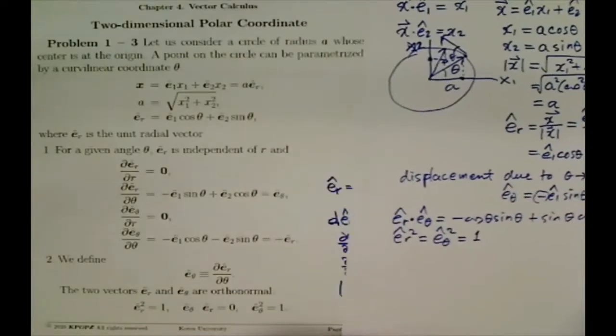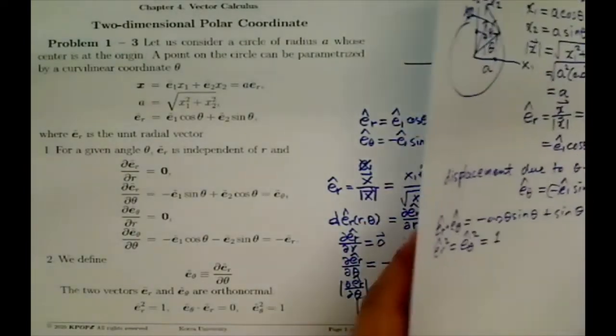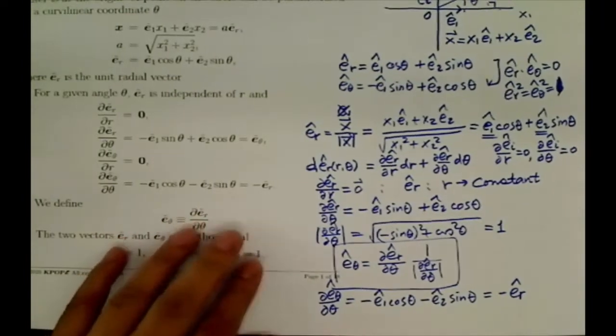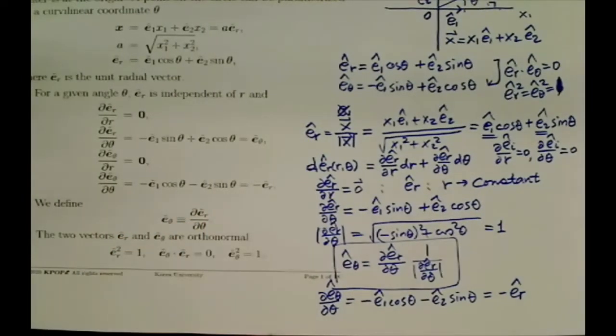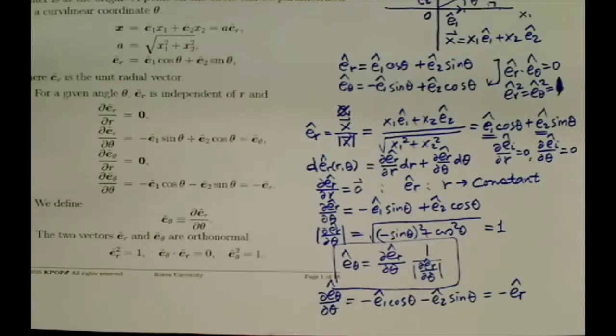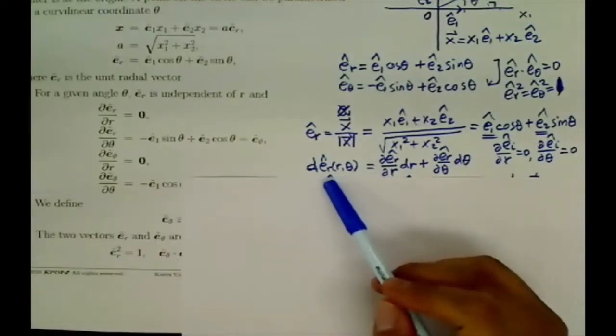Another way to find the unit vector, we apply this method. This is what we already have obtained here. We find the differential of e_r hat.